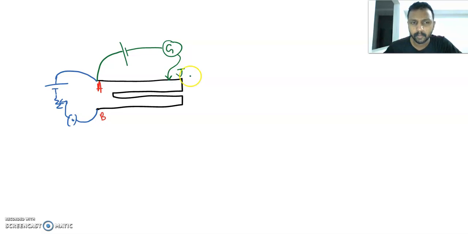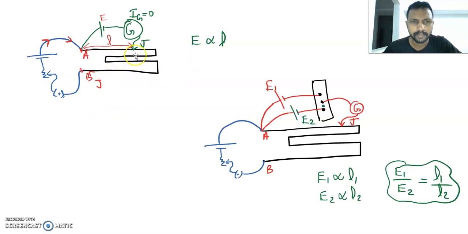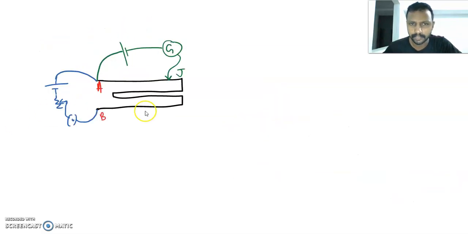Then you may wonder what the difference is from the first diagram and this diagram. There's no difference actually. But now I'm going to add an additional circuit, that is, we are connecting a resistor. It should be a resistance box in your experiment. I'll say it's a resistor of R, and there is a key also.